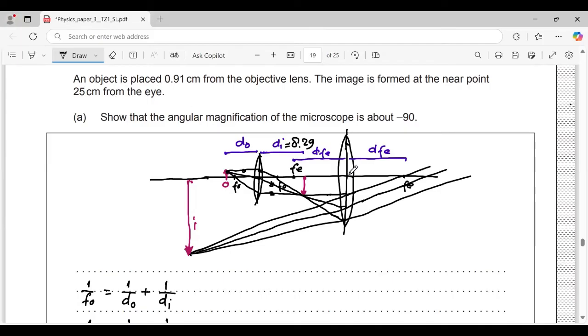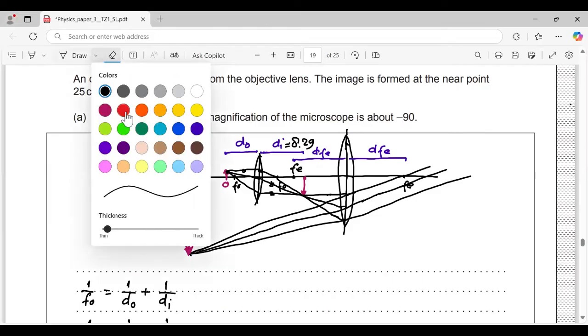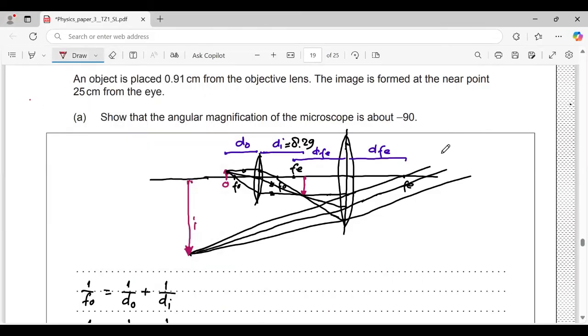So this is 25 centimeters. This is the eye here.